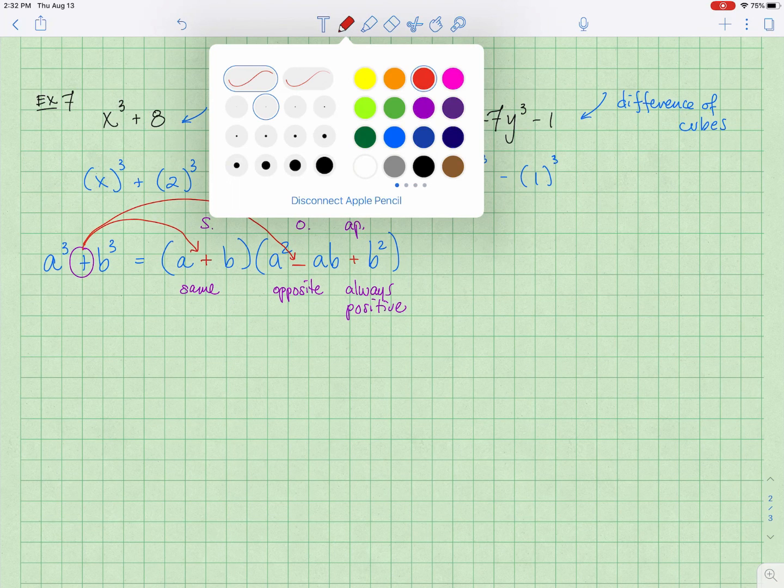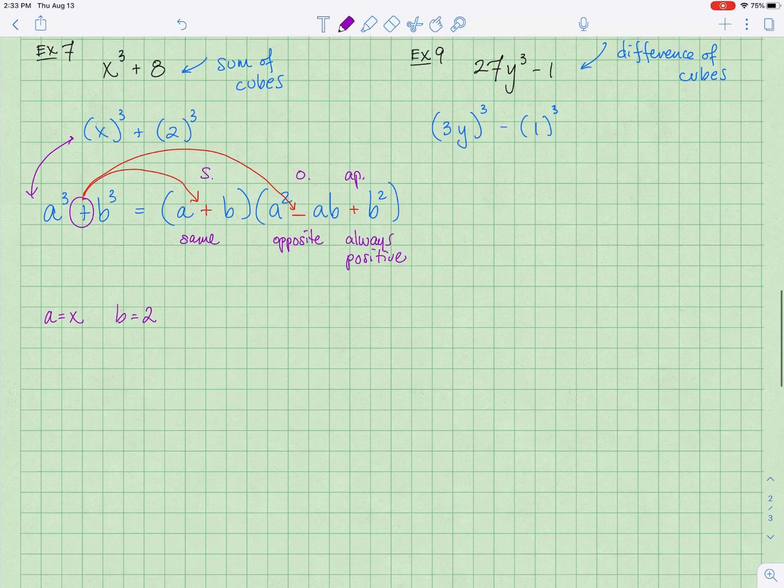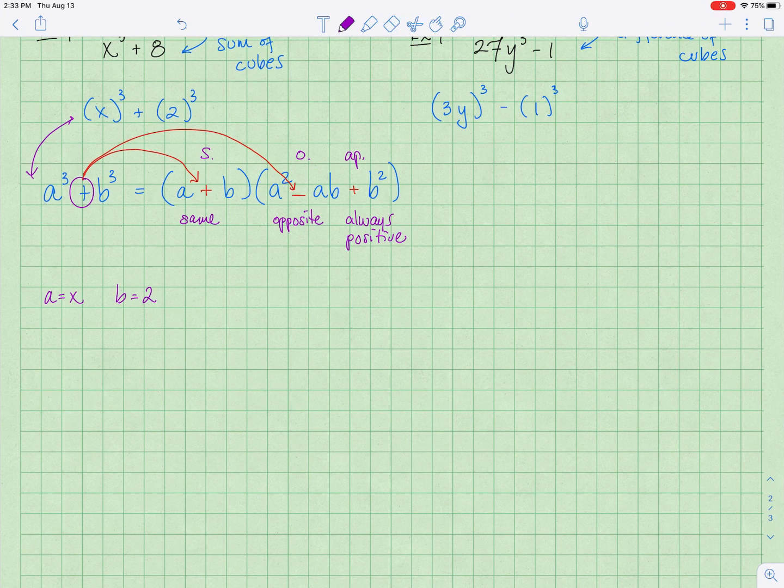From our decomposition here, we can see that if we are matching these two forms up, A is played by the role of x, and B is played by the role of 2. So if A cubed plus B cubed factors as A plus B, A squared, AB, B squared, with signs same, opposite, always positive.